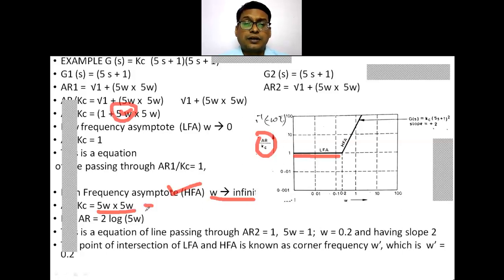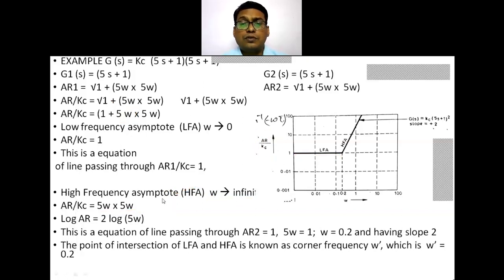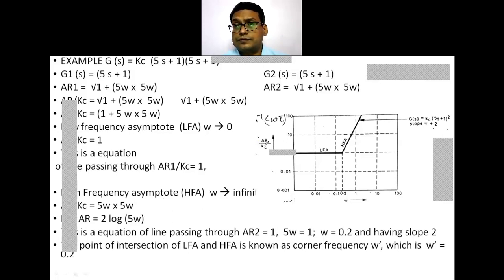So taking log of this, log of amplitude ratio upon Kc is equal to 2 log of 5 omega.